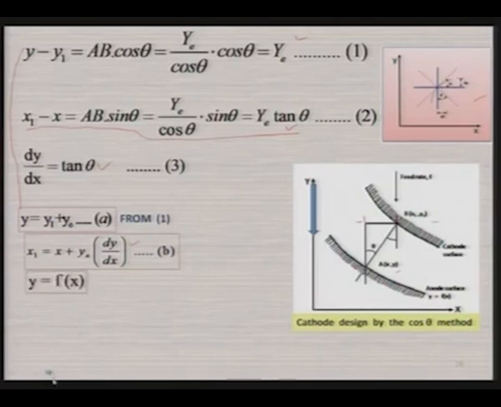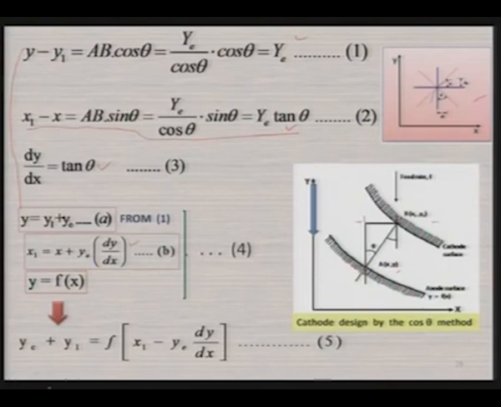And we know, as we said in the beginning, that y is a function of coordinate x. So, we can assume a particular profile of the workpiece. Now, we can write these equations as y E plus y1 is equal to f of x, where x is obtained from this equation as x1 minus y E dy over dx.